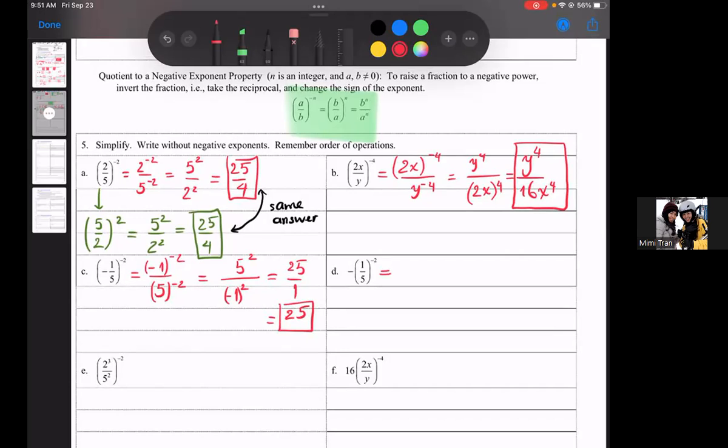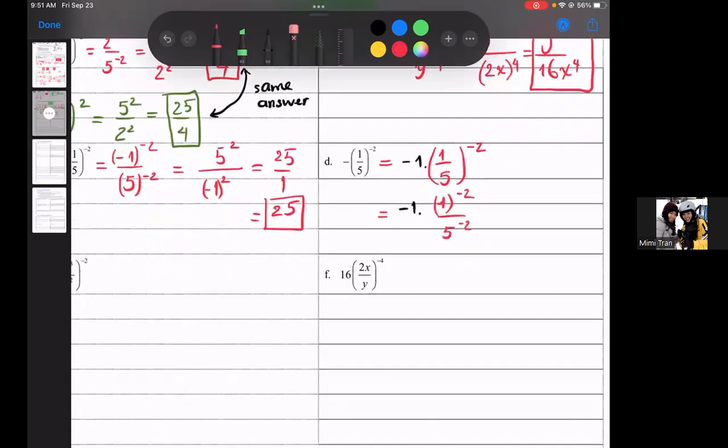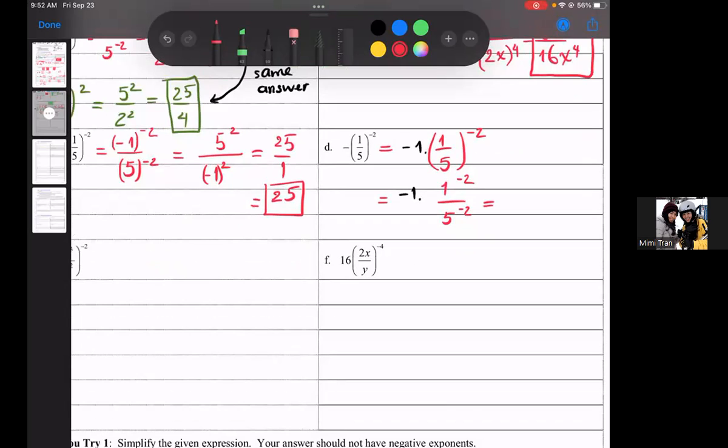So part D is the same thing as -1 times 1/5 to the -2. So basically -1 is all by itself outside. It has nothing to do with the -2 exponent. -1 times 1 to the -2 over 5 to the -2, and then you flip.